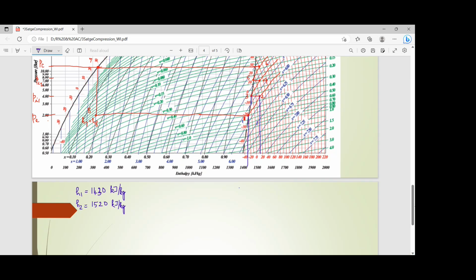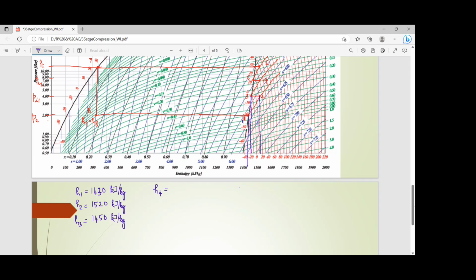And then I have point number 3, and this guy could be 1450. I'm pretty sure when you guys use the pH chart, you will be able to get much more exact values than what I am getting here.